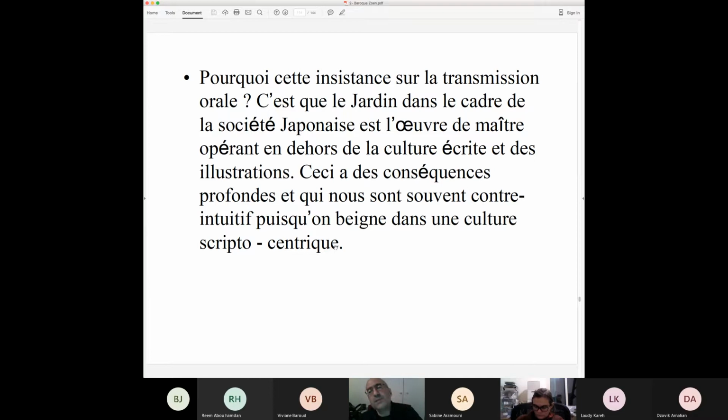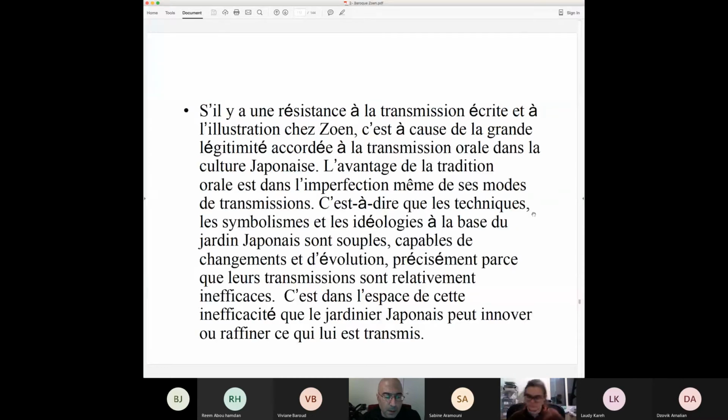Well, this insistence on orality has profound consequences. First off, in Japanese society, oral transmission has a level of legitimacy that it does not have in our own modern society.